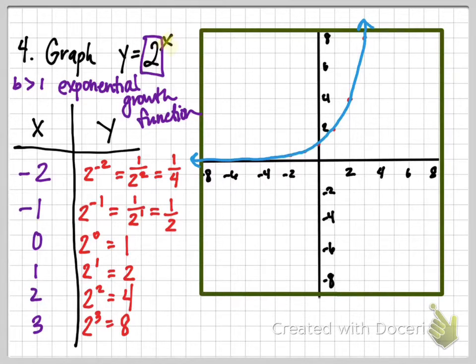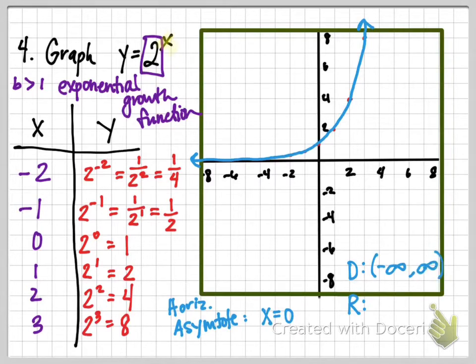So if I were asked, what is my horizontal asymptote? It is x equals 0. If I were asked my domain and range, my domain is always -infinity to +infinity.